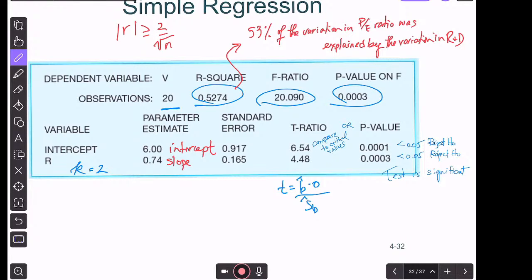I think I showed you that. So if R is greater than or equal to 2 over square root of n, we can say there's a relationship. Probably, let's see, with 20. So n is 20.